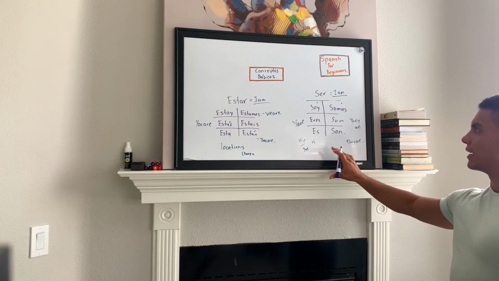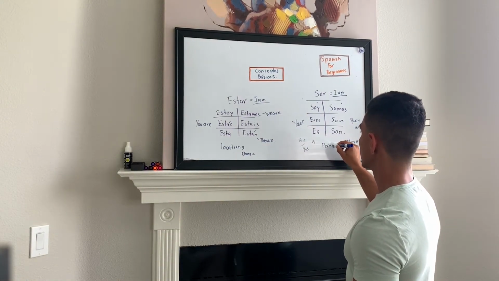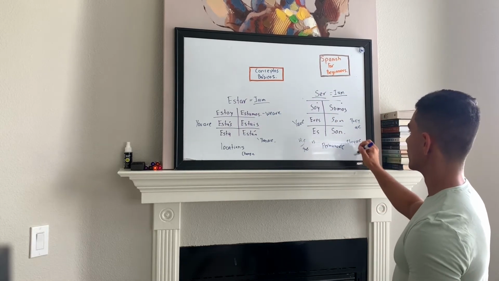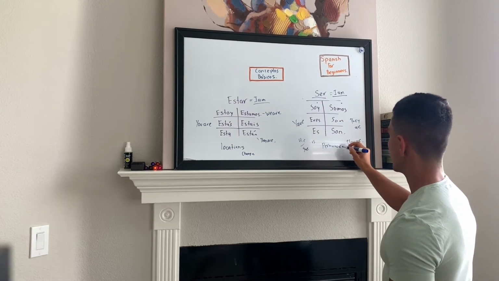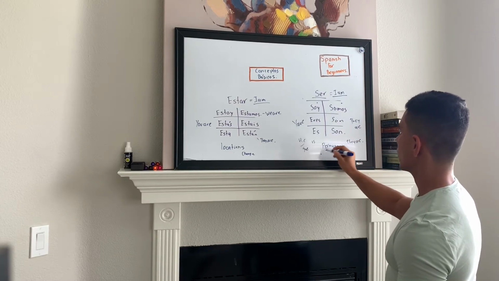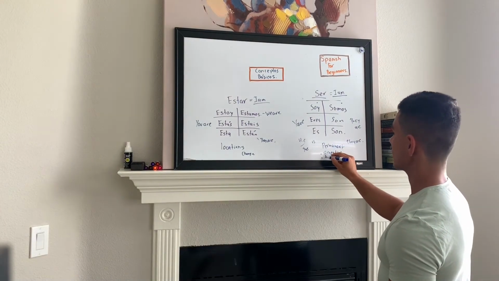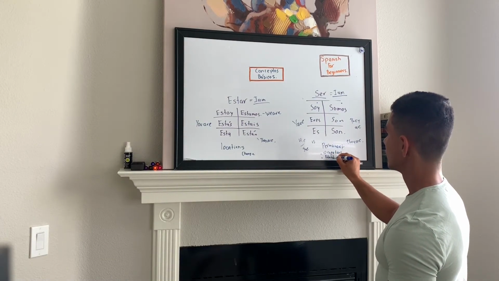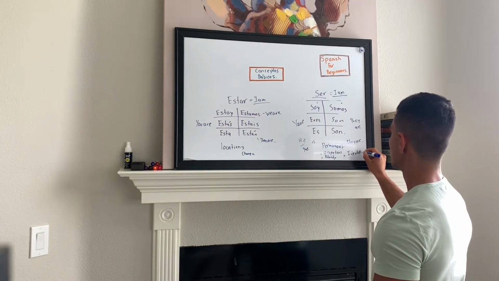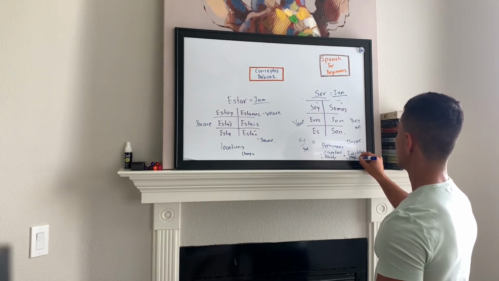For ser, it is permanent. So we use the verb ser for permanent things, like words for occupation, ethnicity, identification, or place of origin.